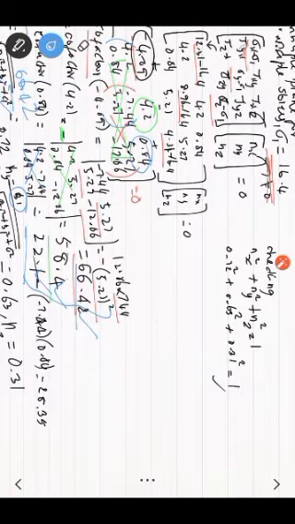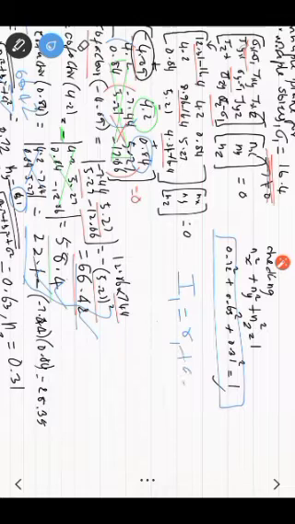If you want to check the answer, you square them and add, and it will be near to 1. You can again check the answer by finding this one. So I1 is equal to sigma 1 plus sigma 2 plus sigma 3.